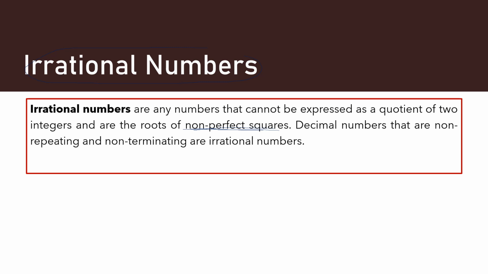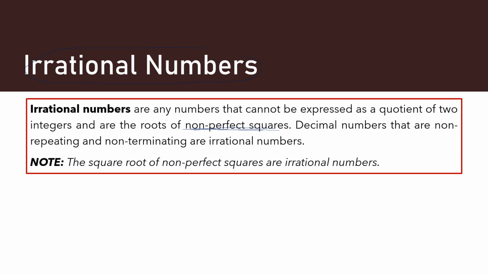Decimal numbers that are non-repeating and non-terminating are irrational numbers. You can check the previous lesson for more examples of rational and irrational numbers. There's also a note here saying that the square roots of non-perfect squares are irrational numbers. Since they are not perfect, obviously the answers are irrational numbers.